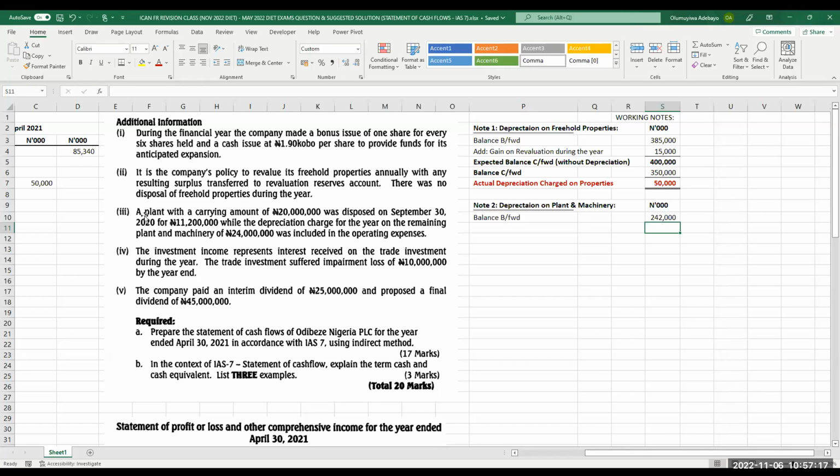Here we are told that a plant with a carrying amount of 20 million was disposed of on September 30th for 11,200,000, which means there's information I also need to annex, which I'll call note 3, information regarding disposal of plants.